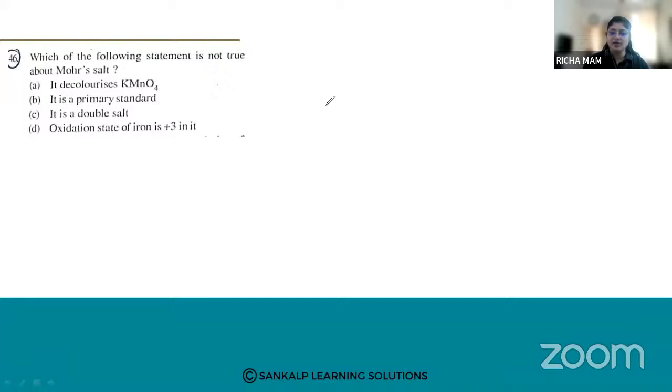Please remember the formula of Mohr's salt. It is ferrous sulfate dot ammonium sulfate dot 6H2O, that is FeSO4.(NH4)2SO4.6H2O. This is your Mohr's salt.